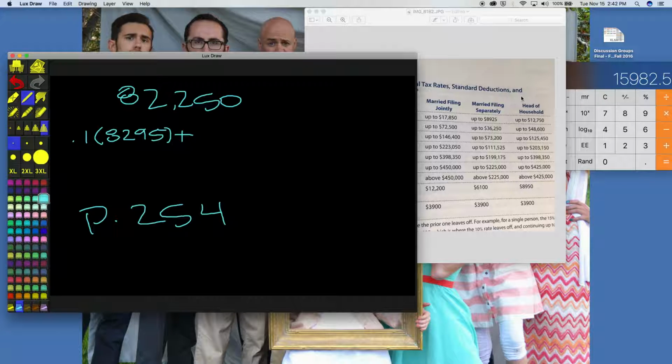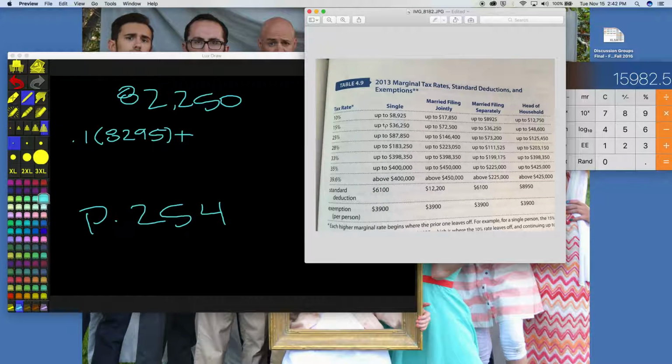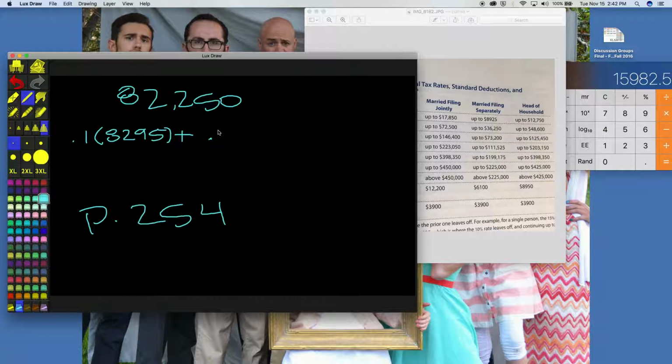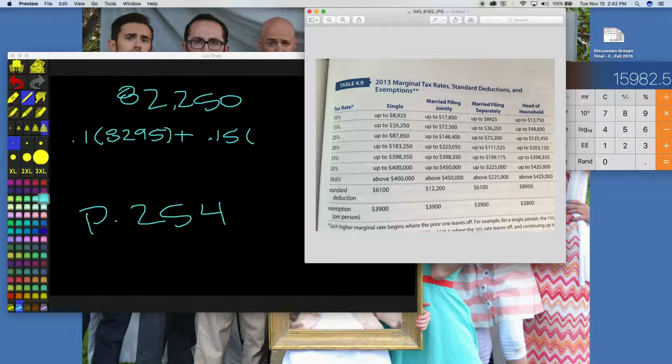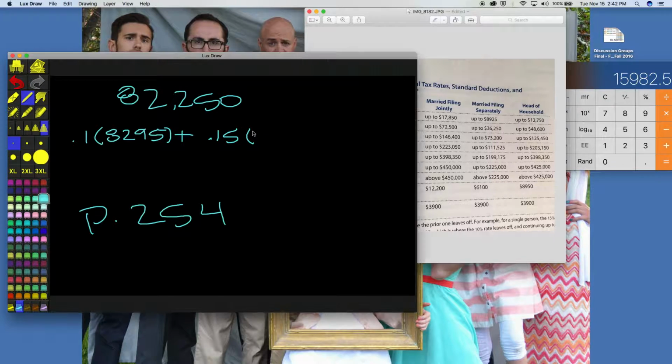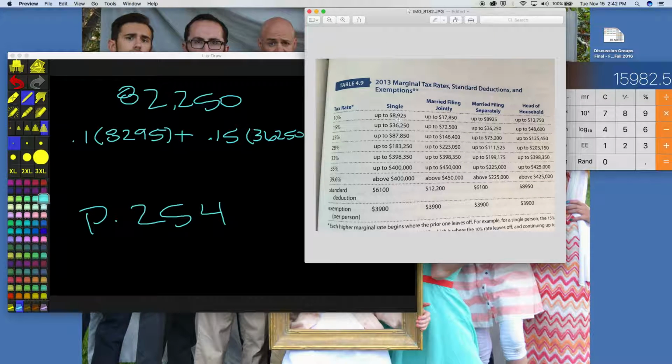Then I'm going to add to that the next block, which is 15%. So that's going to be 15% times this number, 36,250, minus 8,925.